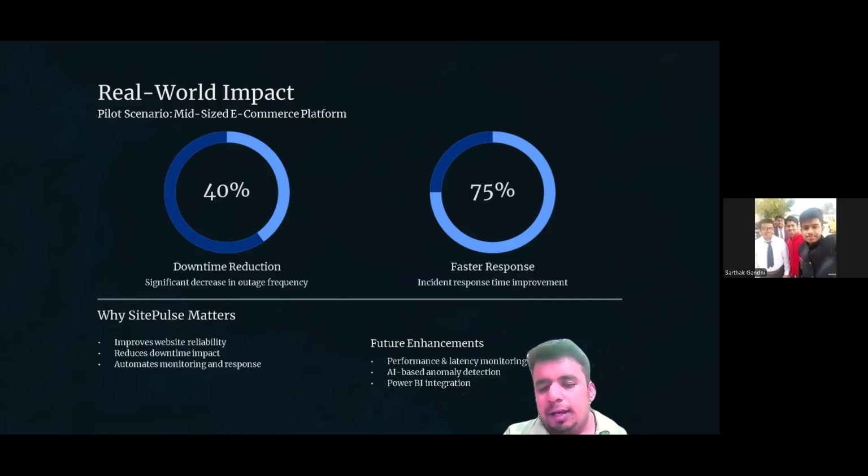Now, why does SitePulse matter? It improves website reliability, reduces downtime impact, and automates monitoring and response. That means, for example, let's say you are a builder of a website for a coaching center, and that coaching center told you to work 24 into 7.